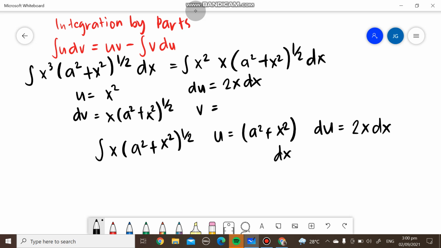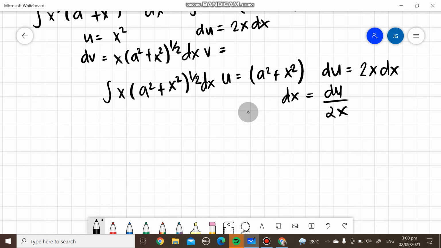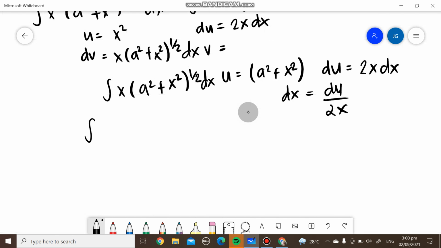And the value of our dx here, don't forget the dx, always, is du all over 2x. Okay? With that, we can substitute the known values. We will have the integral of x, and this one we can substitute as u, u raised to its exponent, which is 1/2, multiplied by the dx, which is du all over 2x.